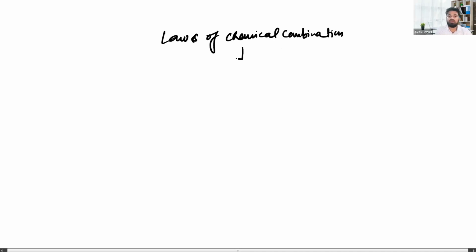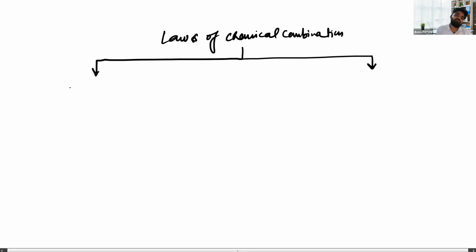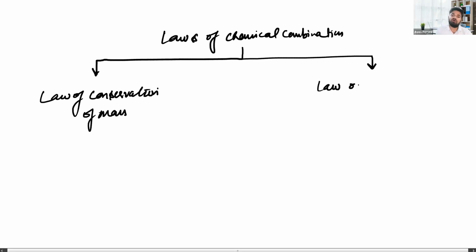Okay, there are 5 laws, but in our syllabus we are going to deal with only 2. So the first is the law of conservation of mass, and the second one is the law of definite proportion.